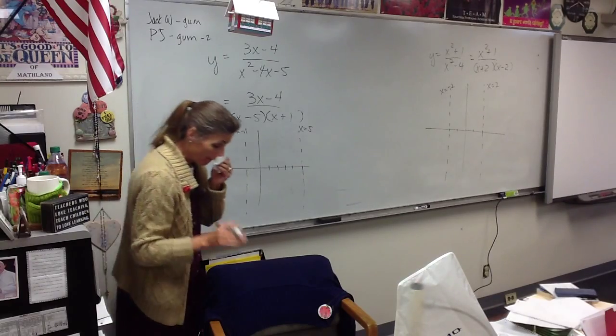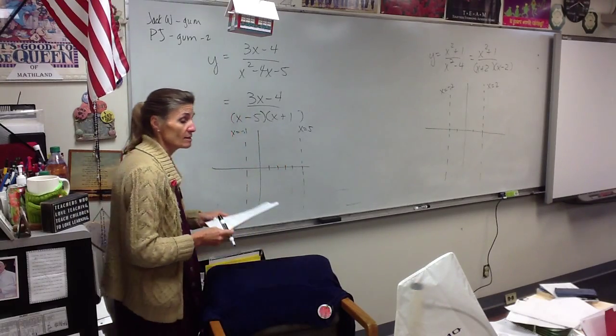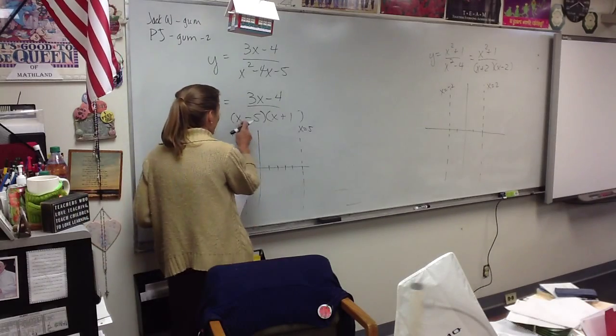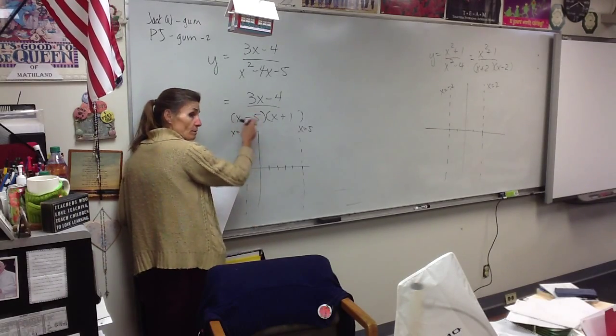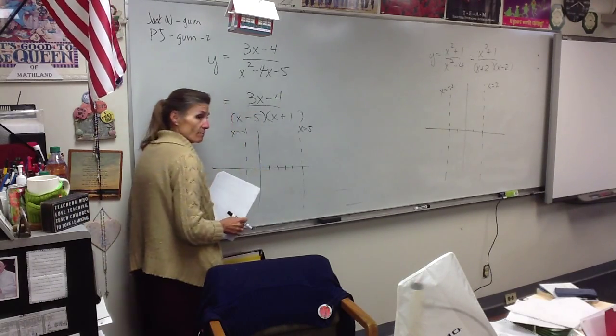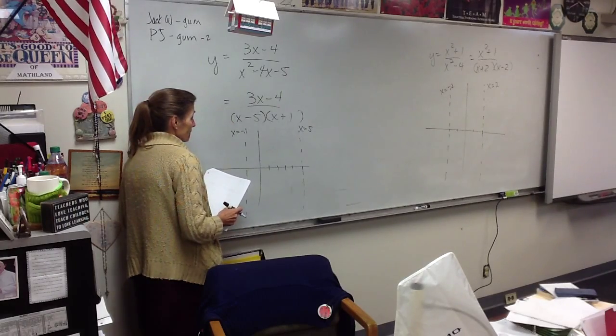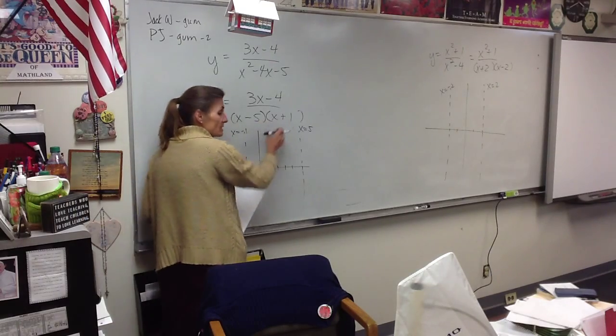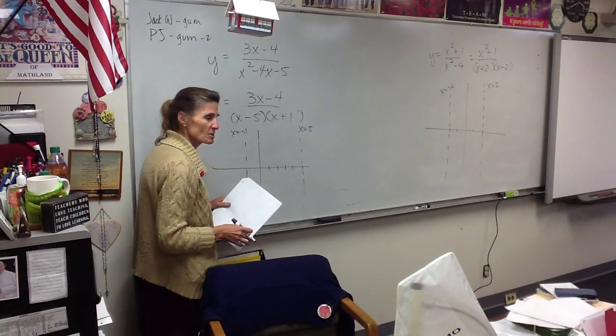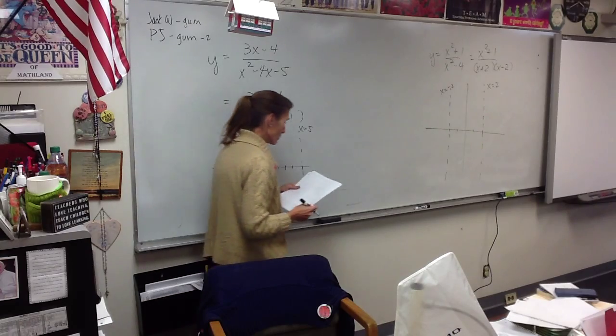Yes. It's whatever would make it equal to 0. So if you put a 5 in here, that would equal 0. So you're going to have an asymptote of 5. Or almost always when we have parentheses, we use the opposite, remember? That's just how it almost always works that way.